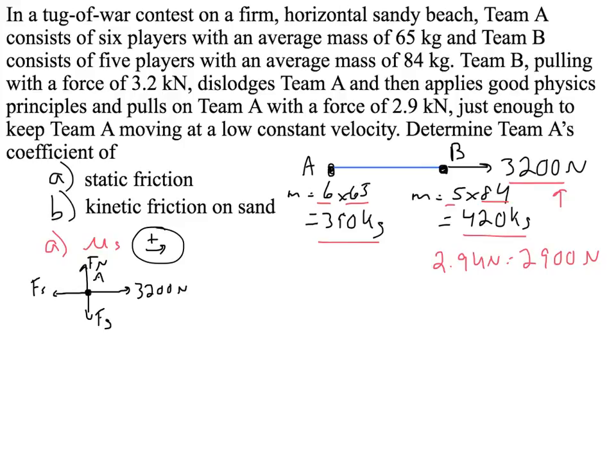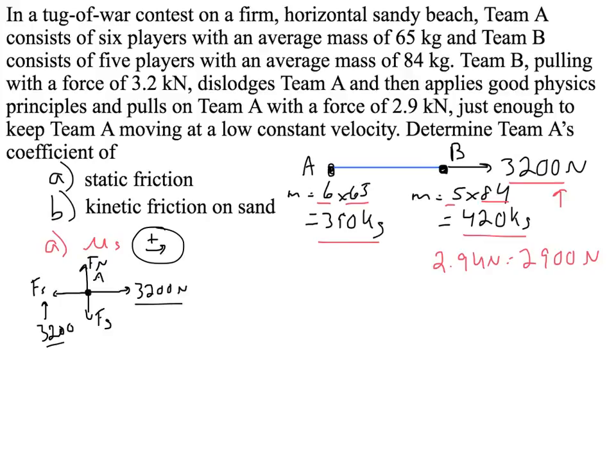Now this 3,200 newtons is just enough to overcome Fs. So let's use our equation. We can pretty much say that Fs therefore must be 3,200. It's actually just shy of it, but we use it anyways.